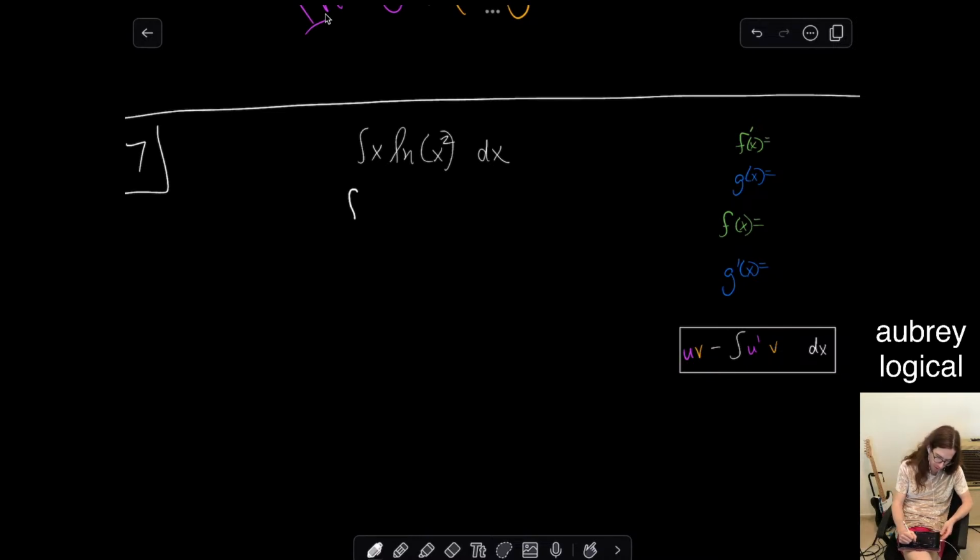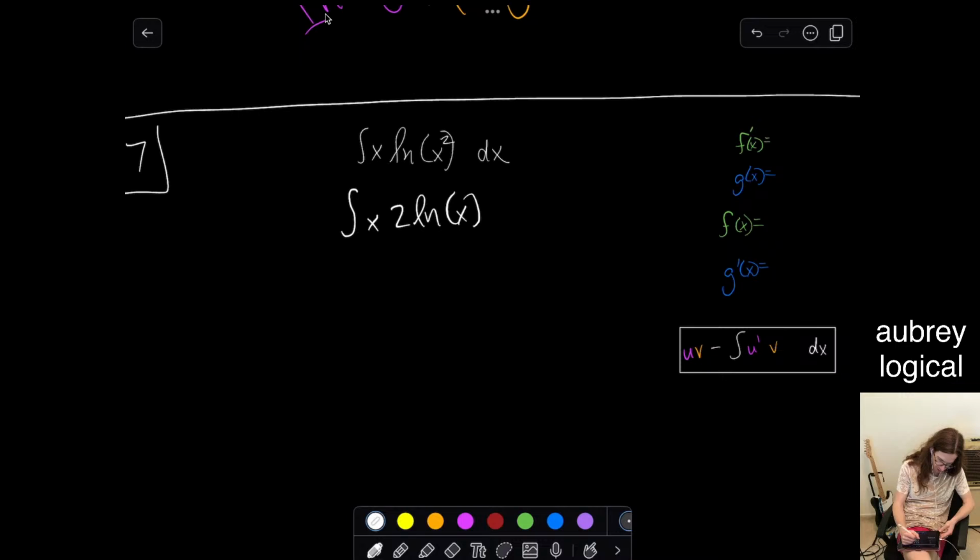mind. So the rules of logarithms say that we are able to take our 2, which is up here in the exponent, and we can move it in front. So it would be x times 2 ln of x, which we can just write the 2 in front of it all, and then we can actually just bring the 2 out in front of the integral.